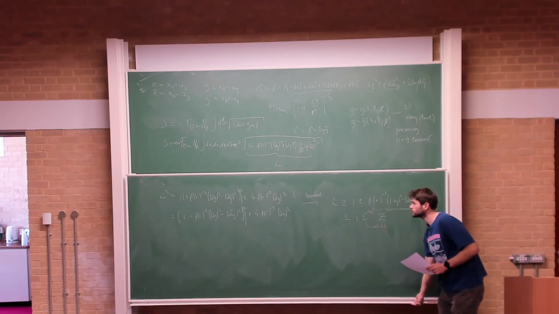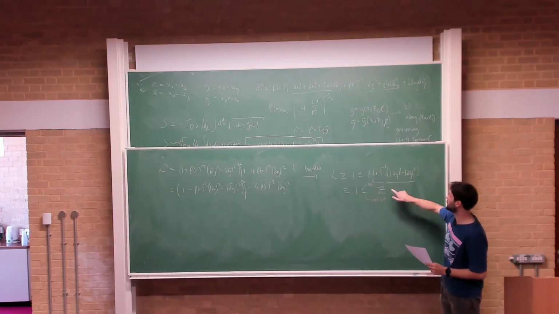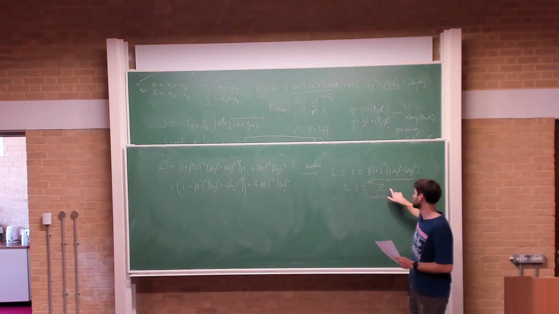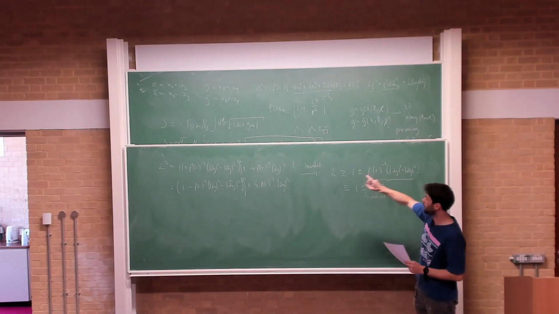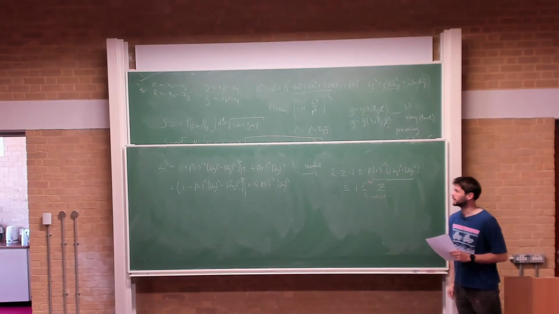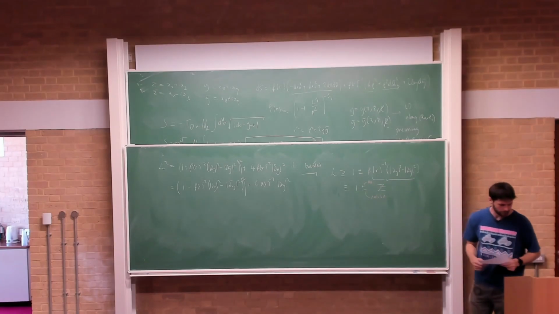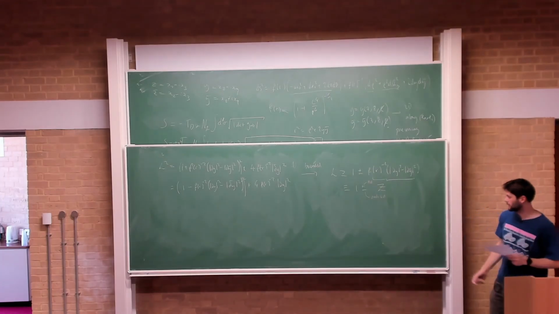Hopefully. Okay, so since this is a BPS bound, we should expect that this implies that holomorphic and anti-holomorphic embeddings preserve some supersymmetry. And indeed they do.